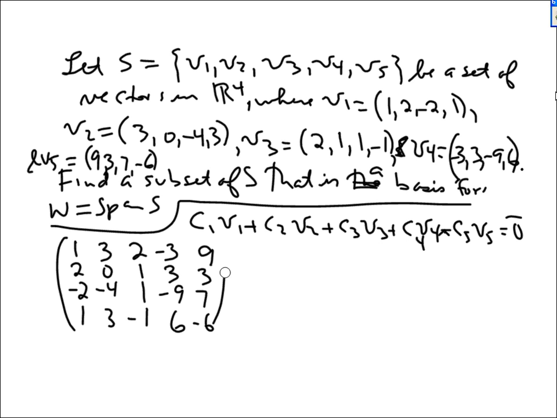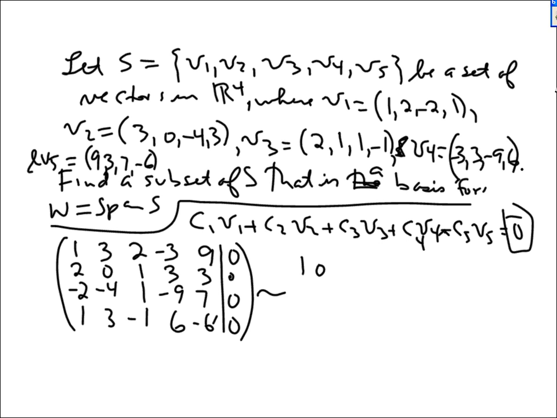You augment this with the 0 vector. It is all zeros. And you reduce this, which I did. Somebody else did it for me.